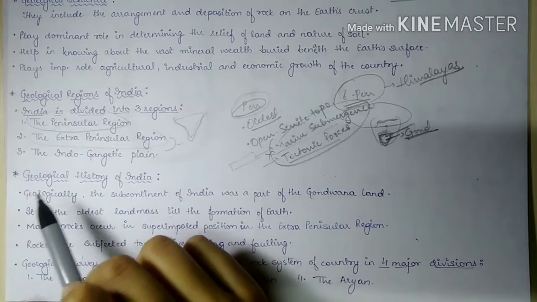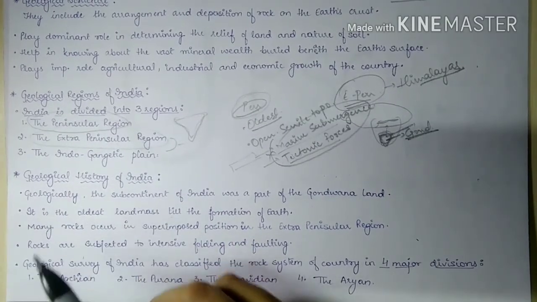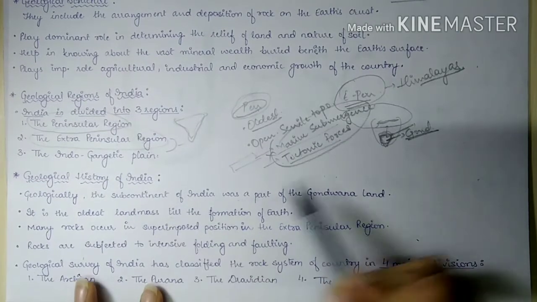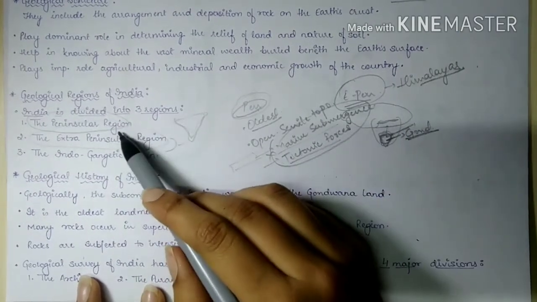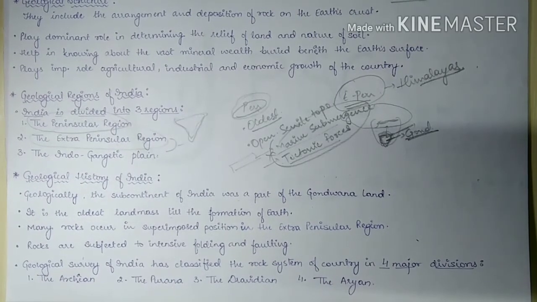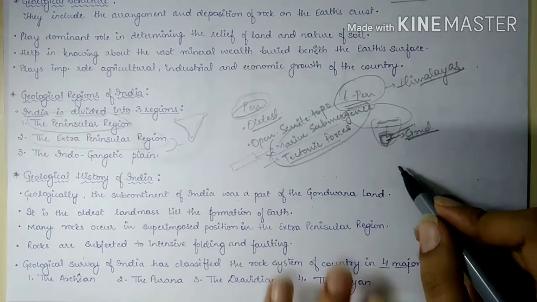Now, talking about the geological history of India, geologically the subcontinent of India, that is the peninsular region, was a part of Gondwana land. The Gondwana land was the southern continent.